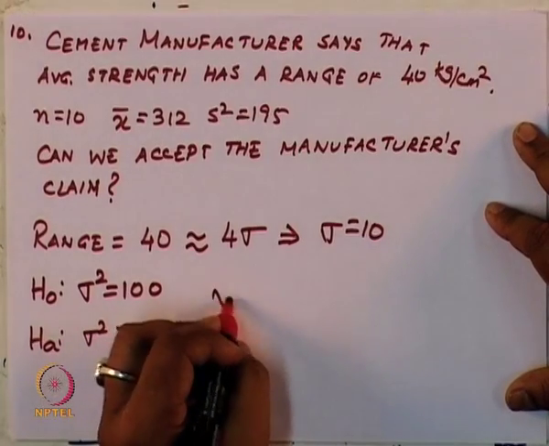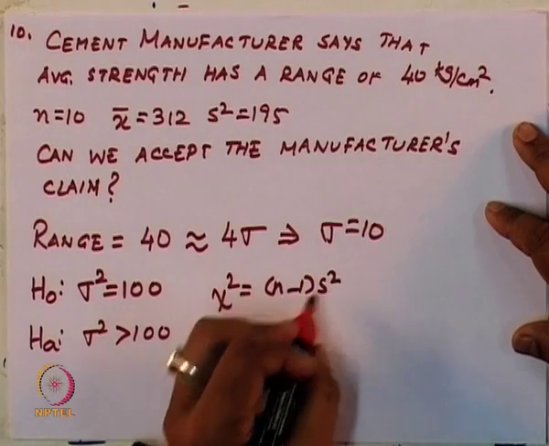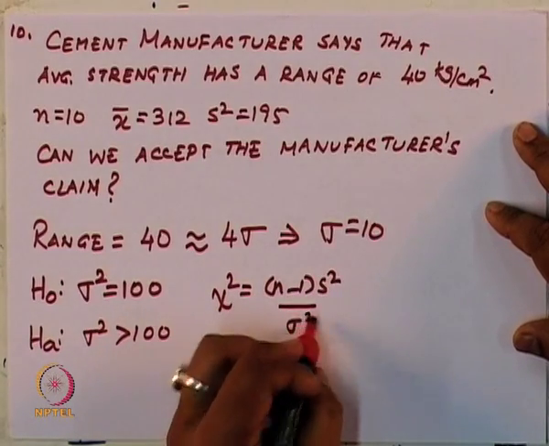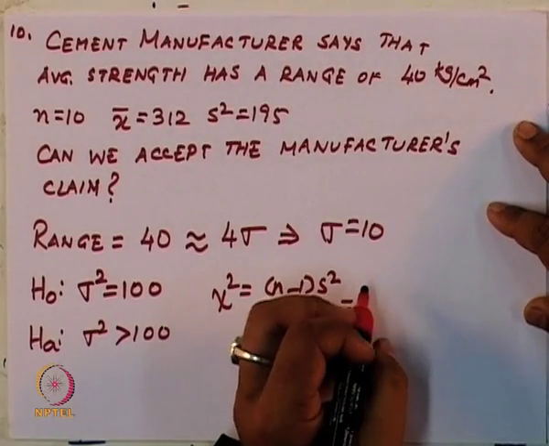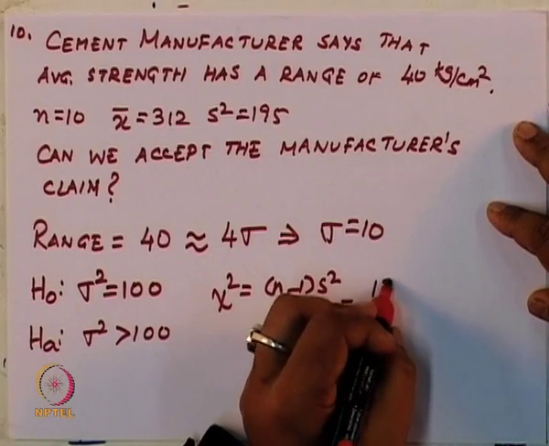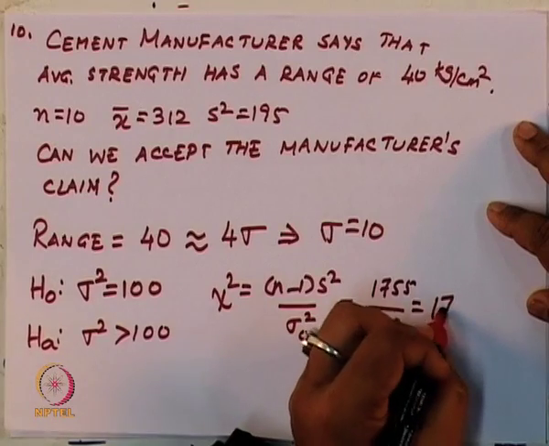Okay. So, you can calculate the chi-square statistic, which is (n minus 1) times s square by sigma naught square, which is 1755 by 100, you get a value of 17.55.